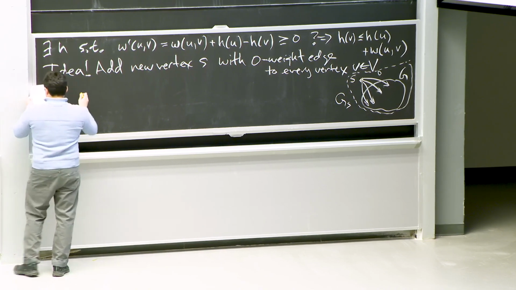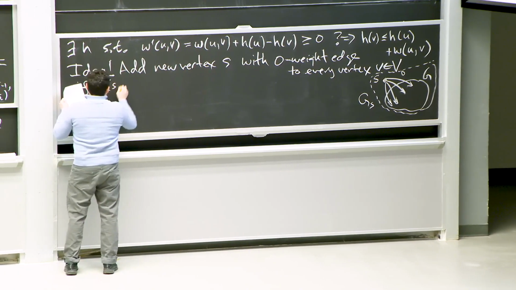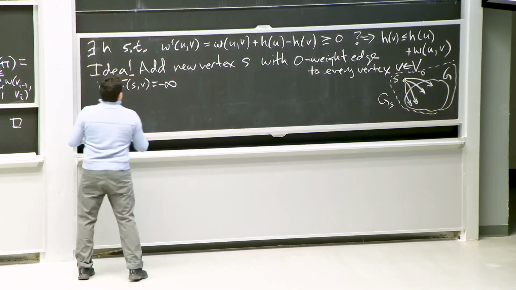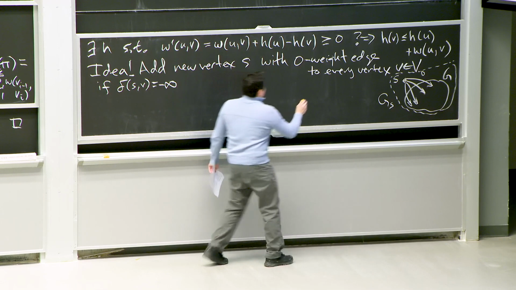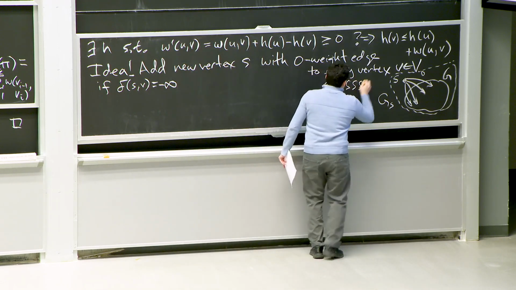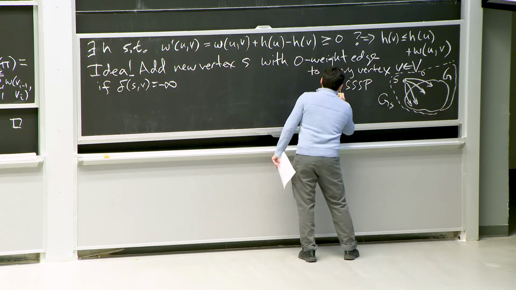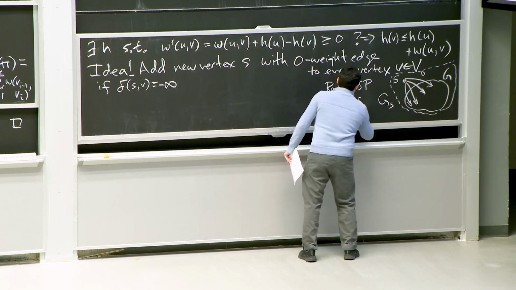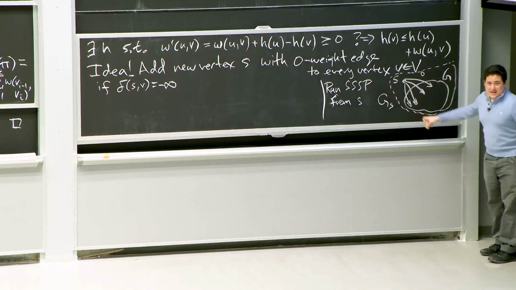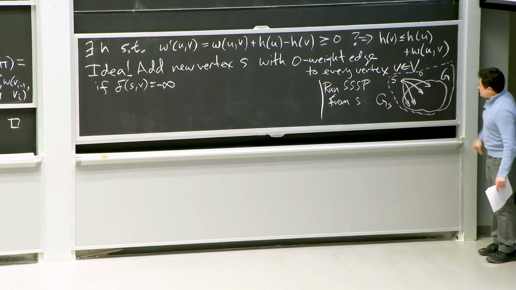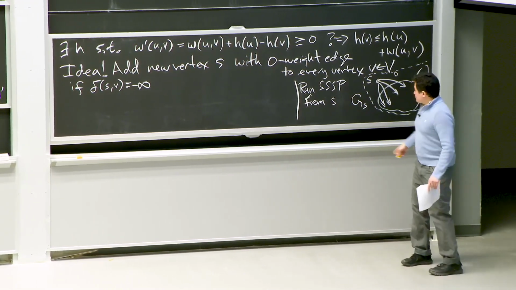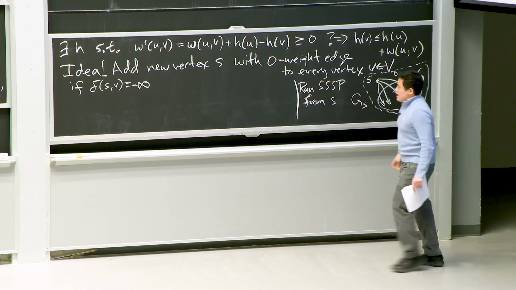If delta SV equals minus infinity, so I guess this is run single source shortest paths from S. And really, because this graph could contain negative edge weights and could contain negative cycles, we can't really do better than running Bellman-Ford here, from S to compute these paths.